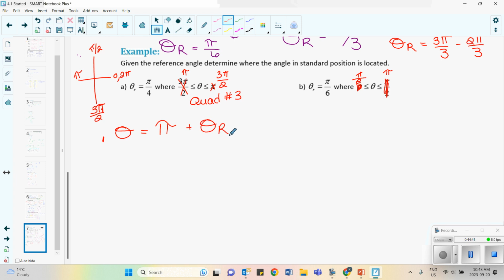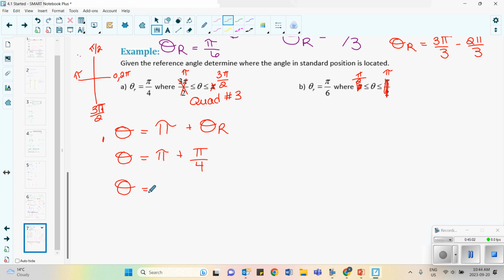What have you been given? Is that theta or theta reference? It's asking, given the reference angle, find the angle. So theta is equal to pi plus pi over 4.